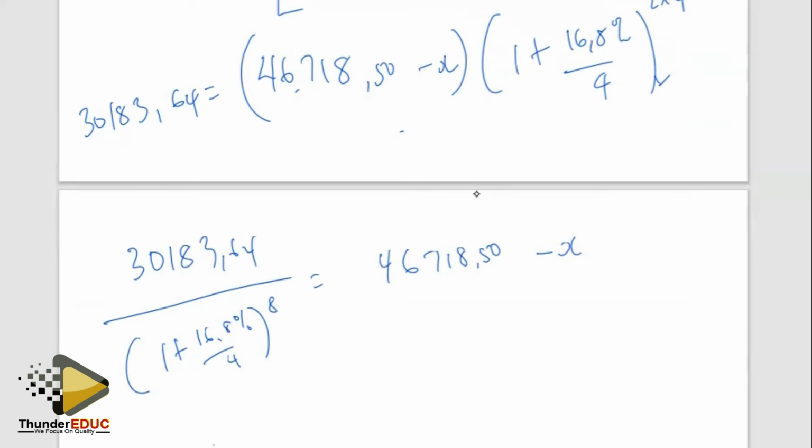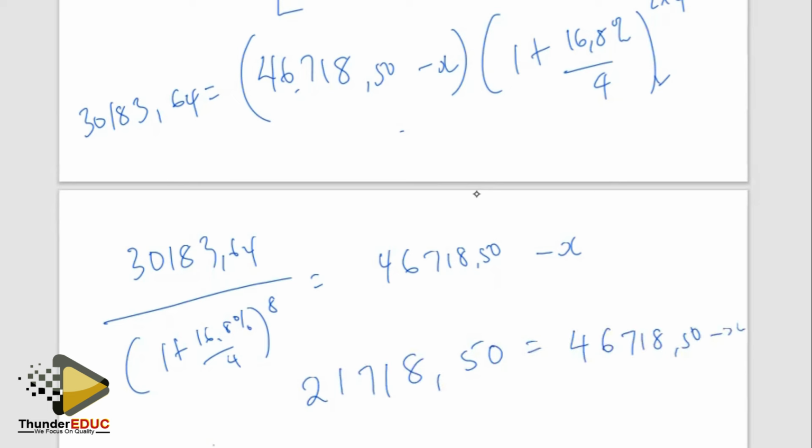Guys, remember this is just an idea of how the question would be approached. Do not necessarily look at how accurate it is, but we just have an idea of what would be going on. So I'm getting 21,718.50 is equal to 46,718.50 minus X.